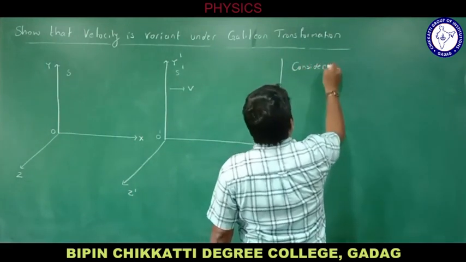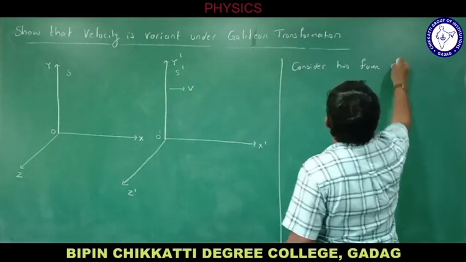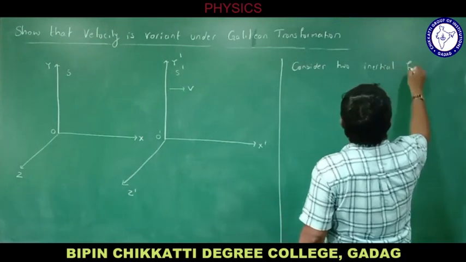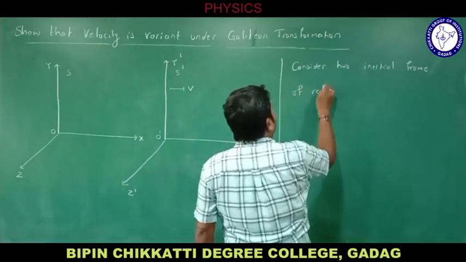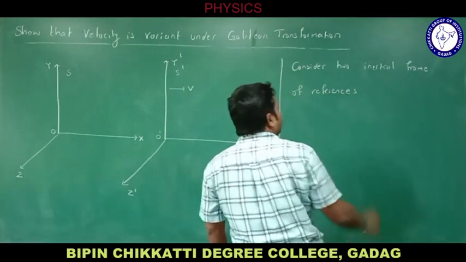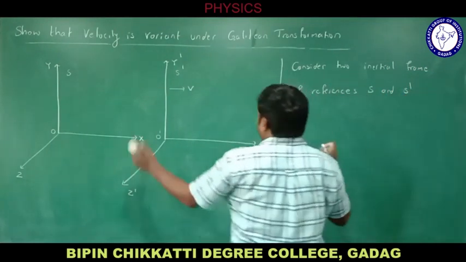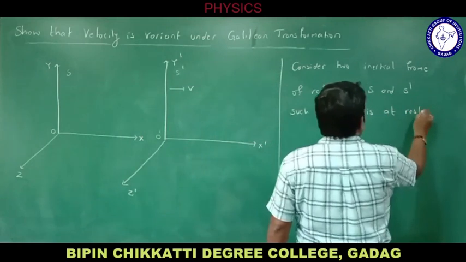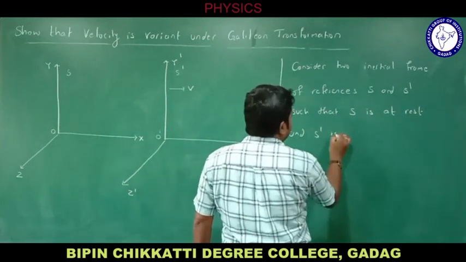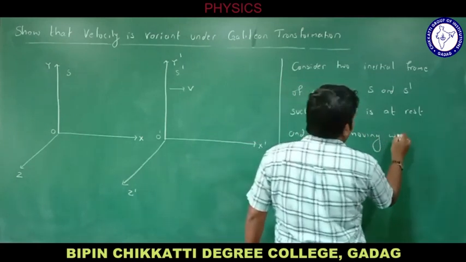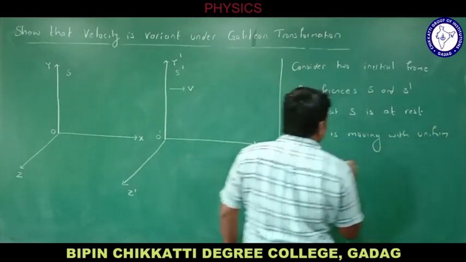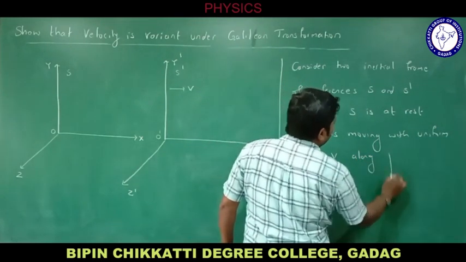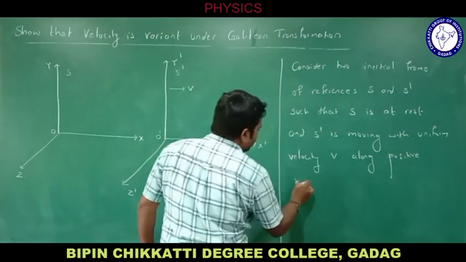Consider two inertial frames of reference, S and S dash, such that S is at rest and S dash is moving with uniform velocity v along the positive x axis.